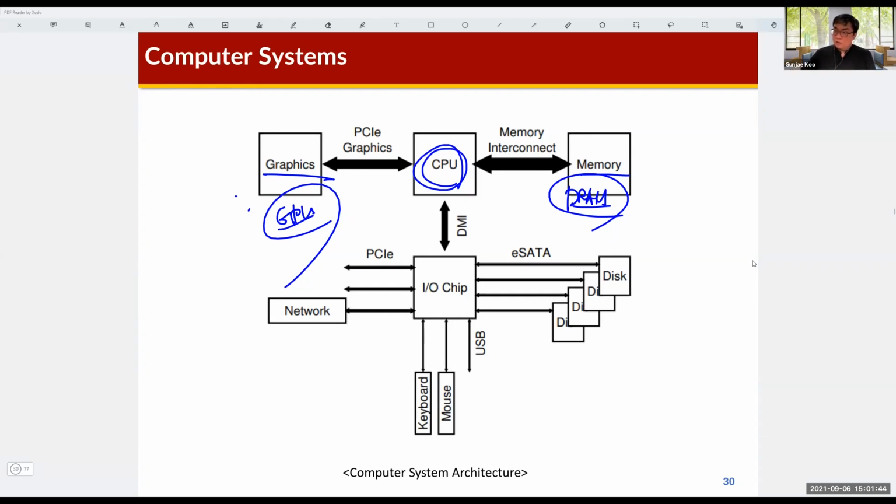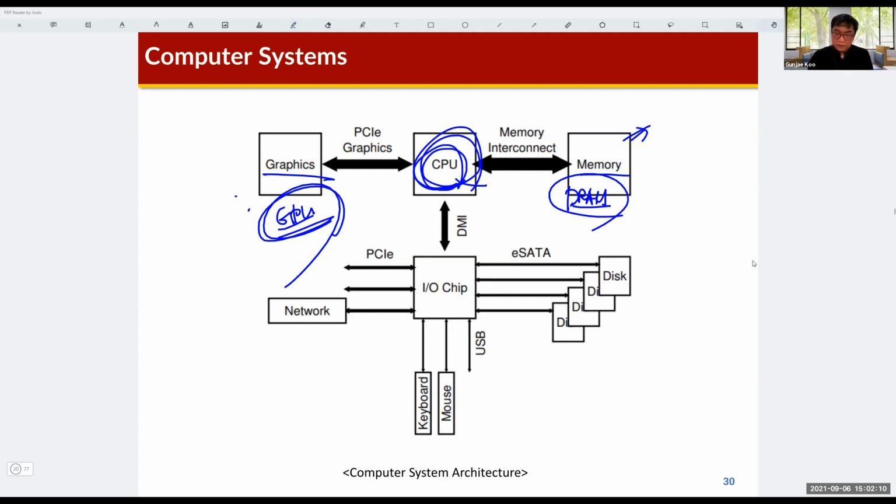In order to handle this large amount of data, the CPU is directly connected to the GPUs. Also, main memory is important, because every piece of data is stored in the main memory, and the data is directly handled by the CPU.